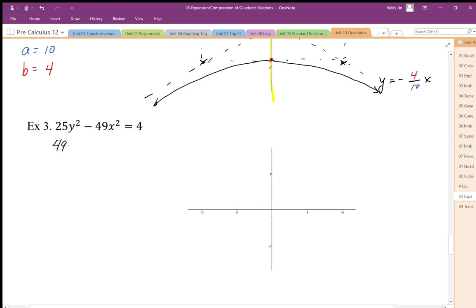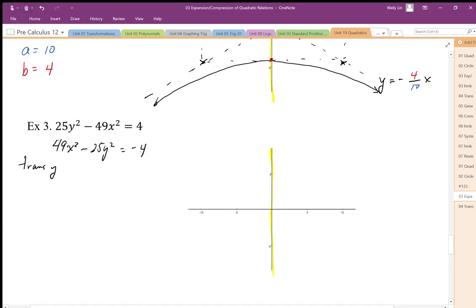You could make it x squared minus y squared, but then you would have to make that difference the opposite sign. So that's one way to do it. The other way is to just keep track of the fact that it's trans y. So that's the first thing I'm going to say: trans y. So I know it's going to be along this axis.